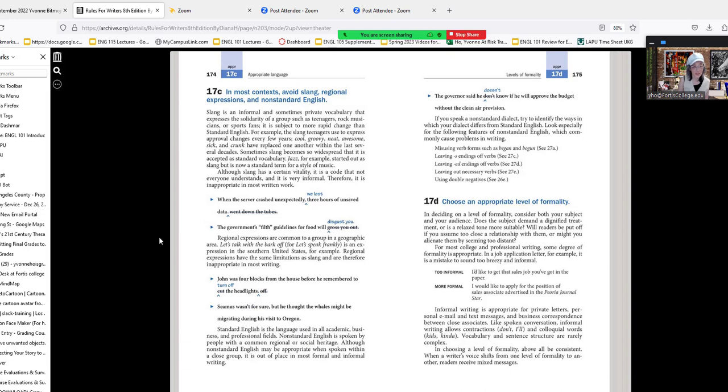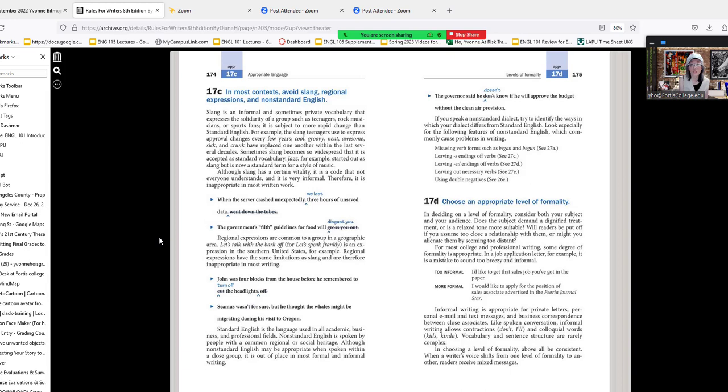Standard English is the English used in all academic, business, and professional fields. Nonstandard English is spoken by people with a common regional or social heritage. Although nonstandard English may be appropriate when spoken within a close group, like with your friends and family, it is out of place in most formal writing, such as if you're writing for your teacher, your boss, or your schoolmates.